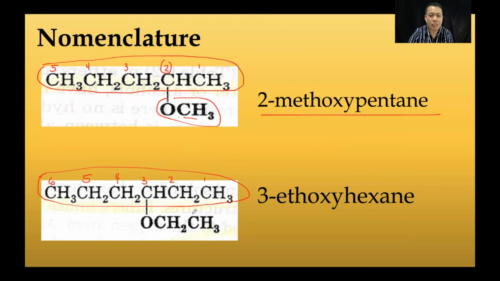So you have here 3-ethoxy because you have an ethyl here. Ethoxy meaning ethane, 2 carbon, found on the third carbon. So that's why the name is 3-ethoxyhexane.